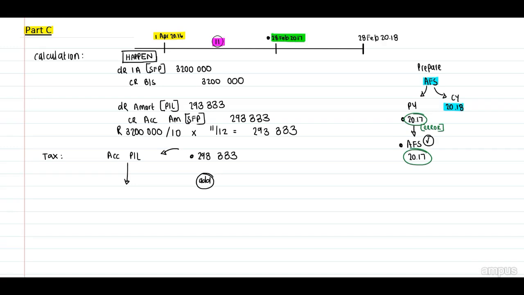Therefore, they have deducted 293,333 in the current tax calculation. 293,333 times 28%, and this is an amount of 82,133, and this relates to our SARS payable. Therefore, our SARS payable, our current tax, is 82,133 less than what it should have been. Okay? Now we need to look at what they should have done.